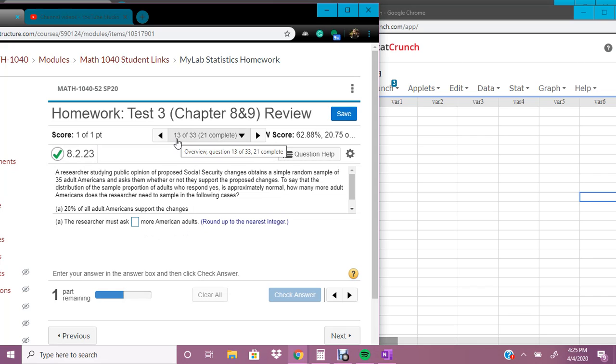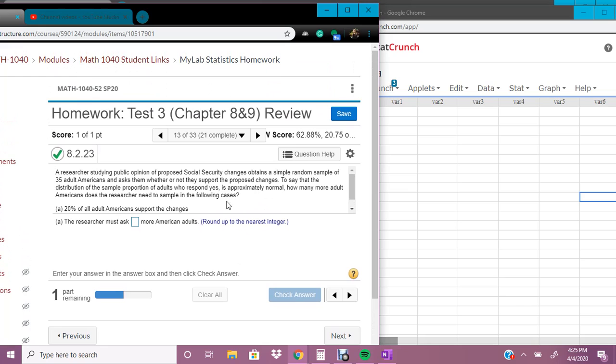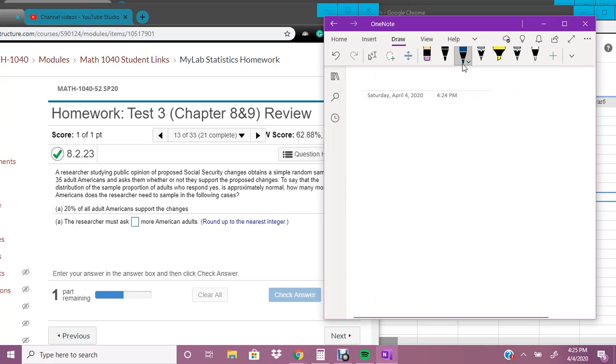Okay, so this is question 13 of the test 3 review. So what we're going to do with this one is, it says that it is approximately normal, and so that means that it has to follow the normal rules: that your sample size is less than or equal to 0.05% of the population, and then the other one that it has to follow is this one right here.